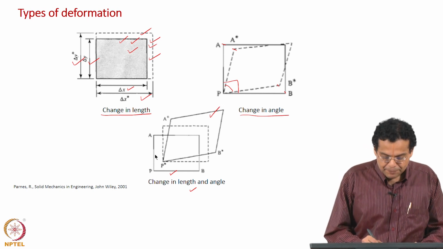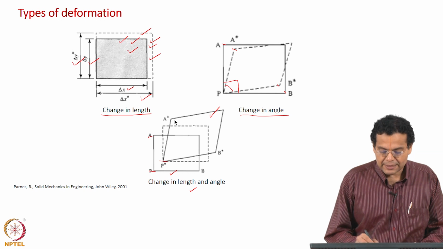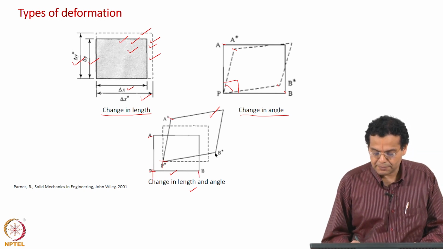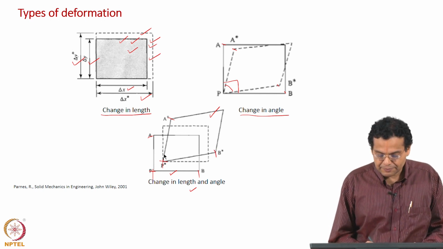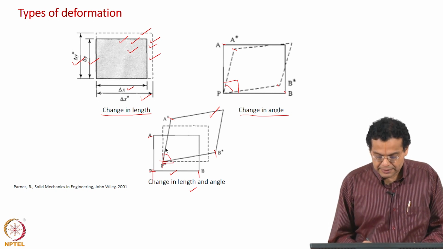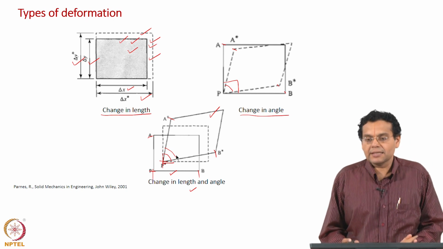If you see, the length AP has increased to P star A star, similarly length PB has increased to P star B star. So there is an increase in length, and then look at the angle, there is a change in angle as well. This 90 degrees has now reduced. So this is an example where you have both change in length and change in angle.